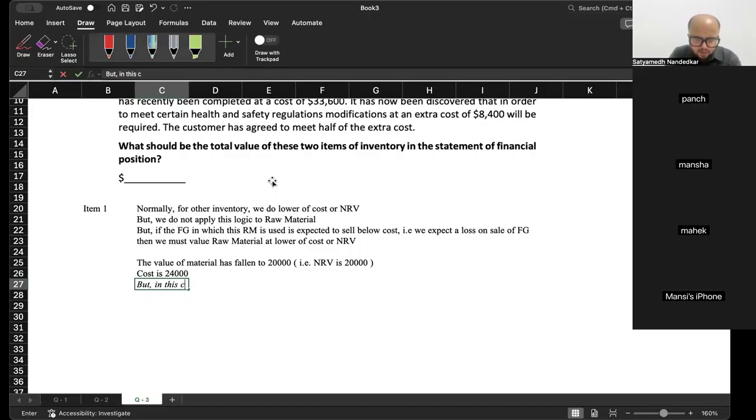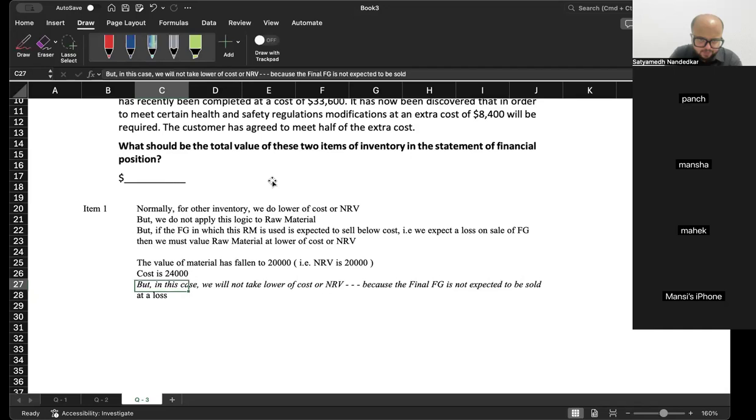But in this case, we will not take lower of cost or net realizable value, because the final finished goods is not expected to be sold at a loss.